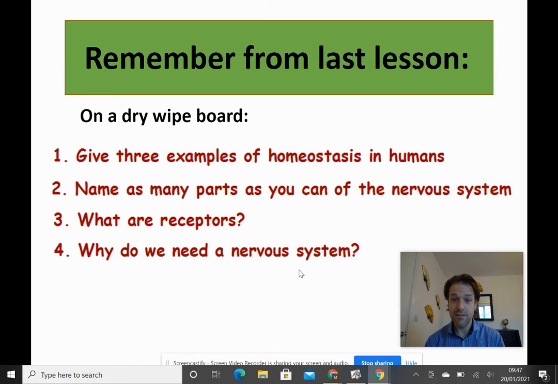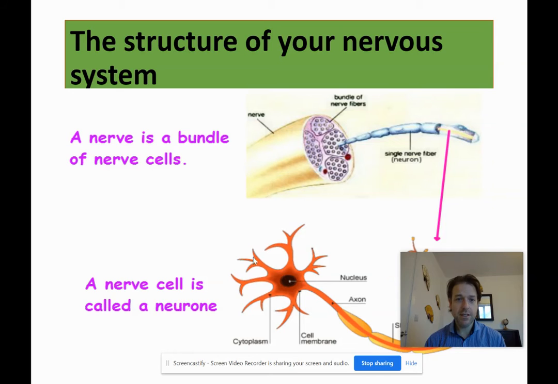Those organisms got eaten or died out. So a nervous system allows us to respond to our changing environment, whether that's the internal environment inside us or the external.